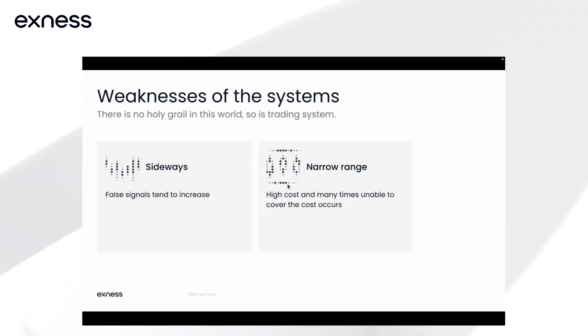But no trading system is perfect, and Heikin Ashi is no exception. While this technique excels in trending markets, it has clear weaknesses you need to understand before you adopt these strategies into your trading. First up, narrow ranges.